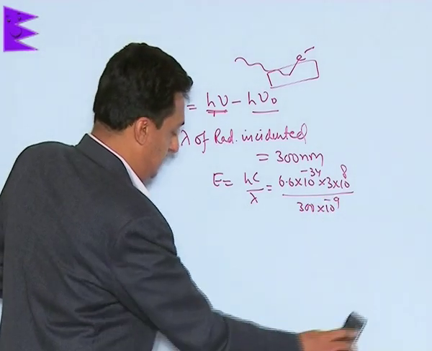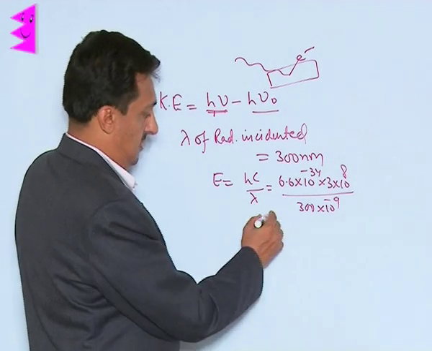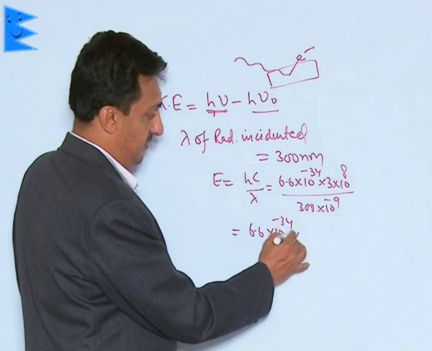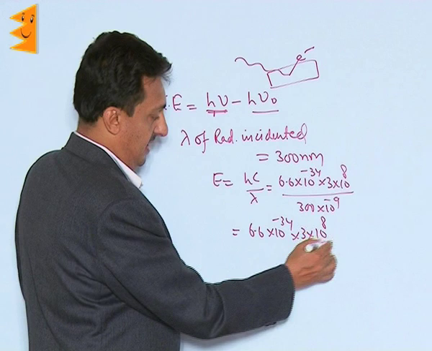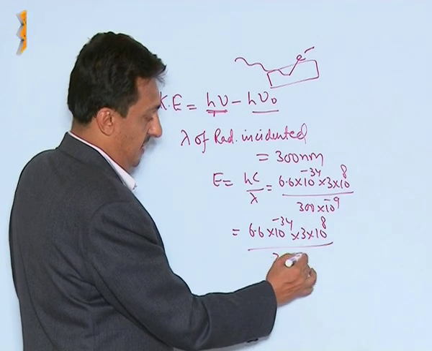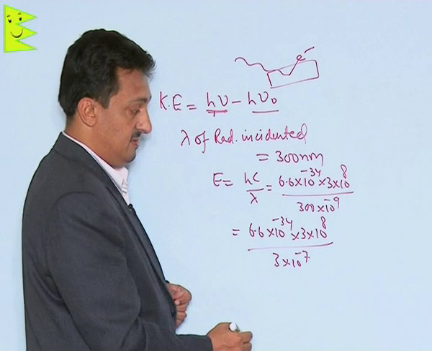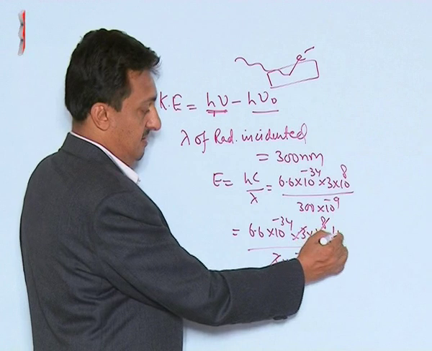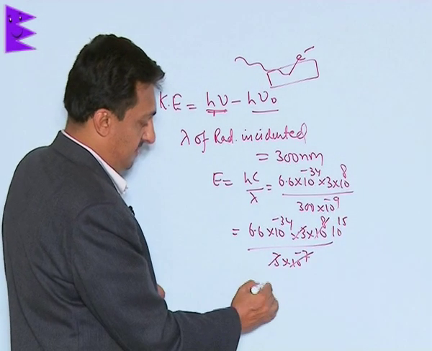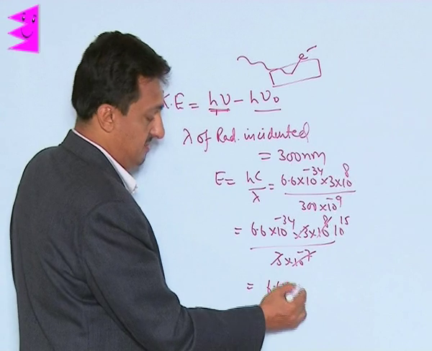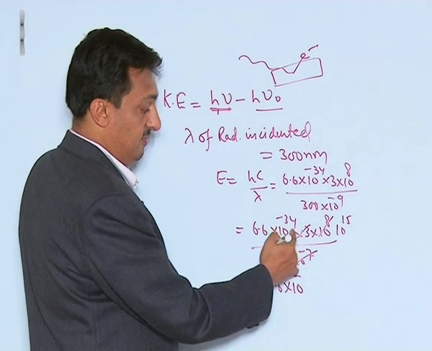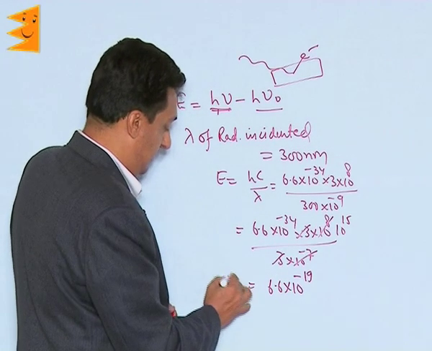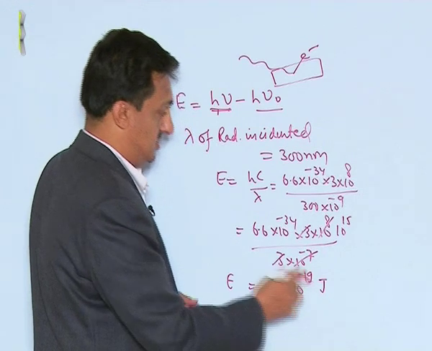This is 3 into 10 to the power minus 7, this 3 gets cancelled, and this makes it 10 to the power 15. So this comes out to be 6.6 into 10 to the power minus 19. So the energy associated with this is this much joules.